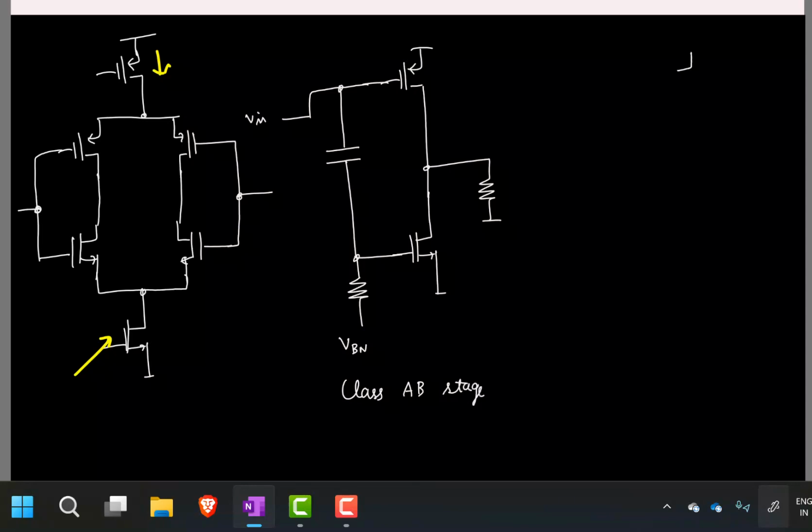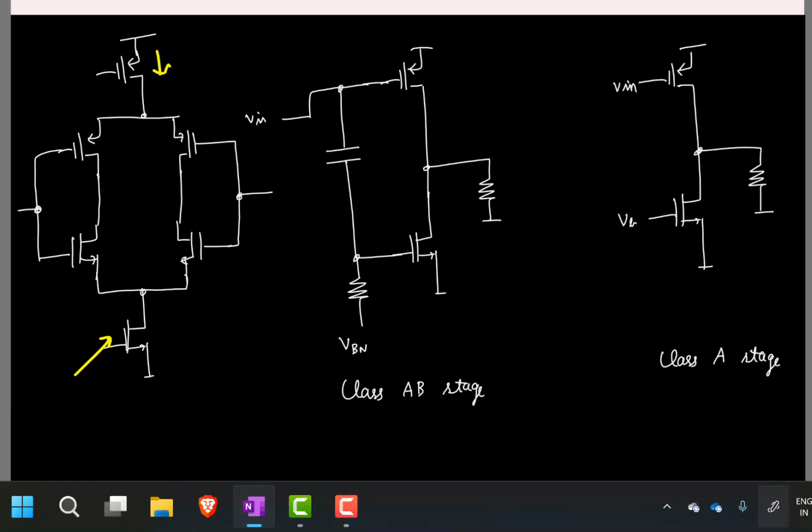While the conventional one, where the input is applied to just one of the transistors while the other transistor acts like a current source, with some VB and the load here, is the conventional common source. This is called a class A stage.